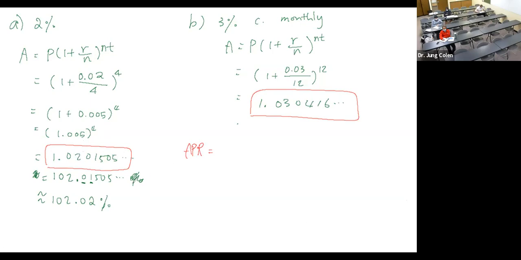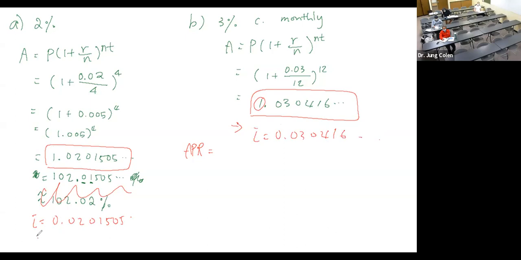So by looking at only the interest here, you need to subtract the $1 that you invested at the beginning. So you're actually getting 0.02015 here, right? Same here. If you are looking at only the interest, you need to take away $1, so you get 0.030416. To find the APR, you can just multiply this by 100%.